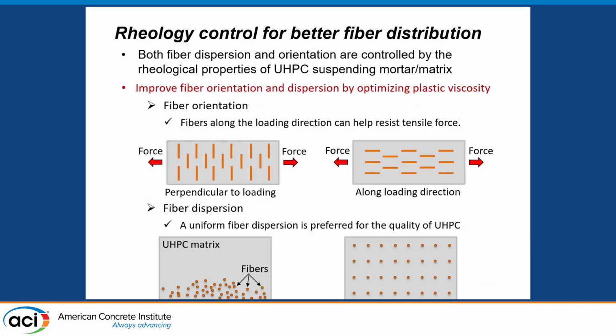The viscosity of the suspending mortar not just influences the fiber orientation, and a lot of studies also prove that it significantly influences the dispersion of the fibers in the matrix. Because of that, we want to control the plastic viscosity or rheology of the suspending mortar for UHPC for not just better orientation, but also uniform distribution.